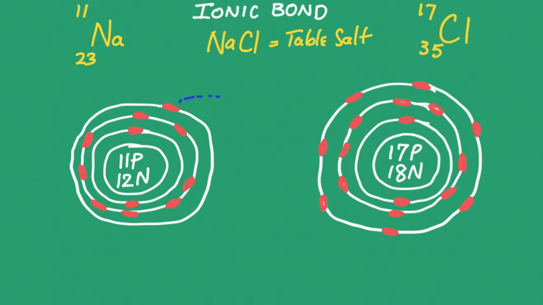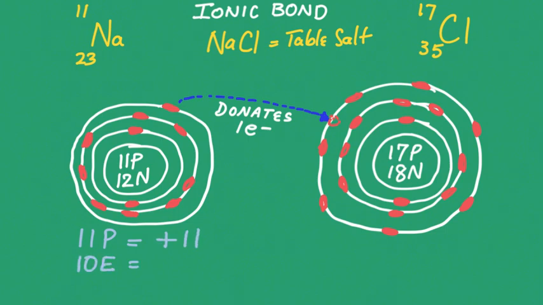So when sodium comes in contact with chlorine, it donates an electron to chlorine. When this happens, sodium has its second shell filled and chlorine has its outer shell filled as well. However, since sodium has donated an electron, the charge of sodium changes.